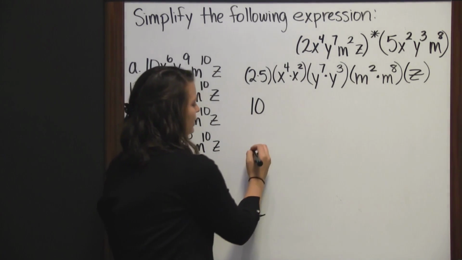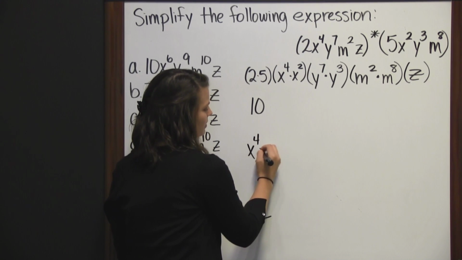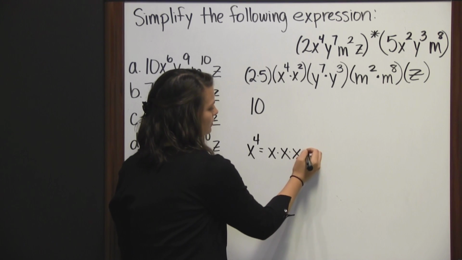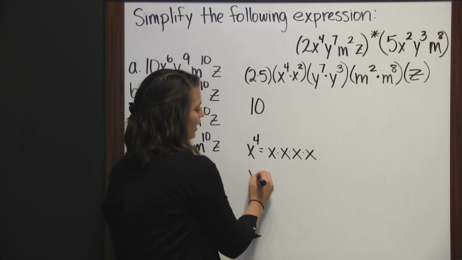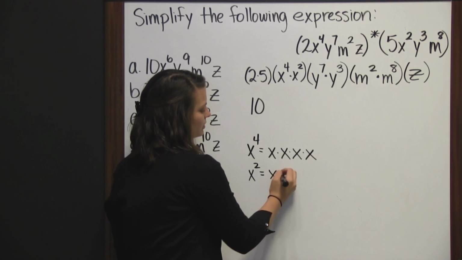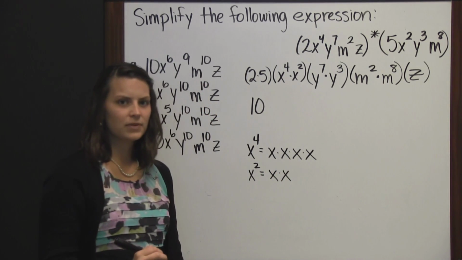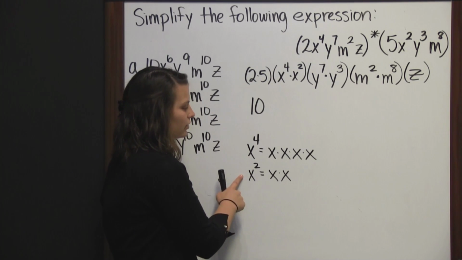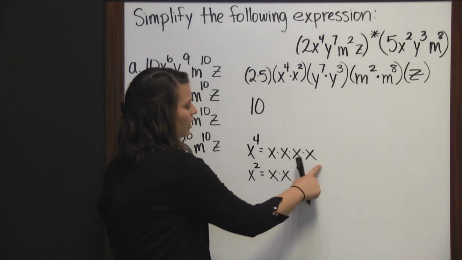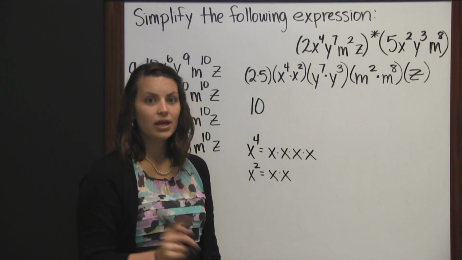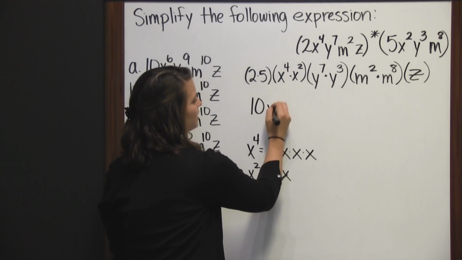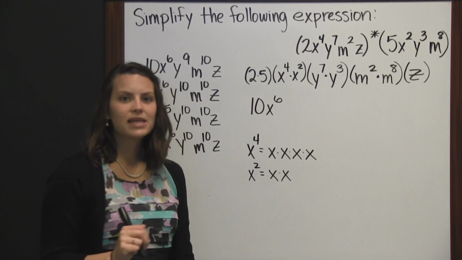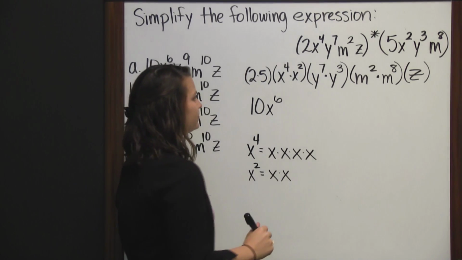And what that really is, x to the 4th means x times itself 4 times, while x squared means x times itself 2 times. So when we multiply x to the 4th times x squared, we're multiplying x times itself a total of 6 times. So it's x to the 6th. You can see what we end up doing is adding those exponents together.